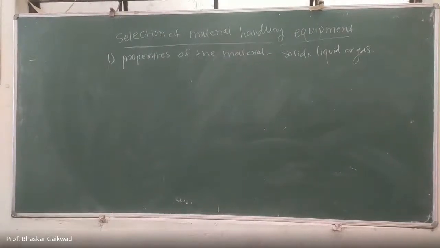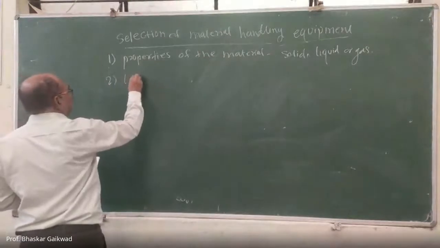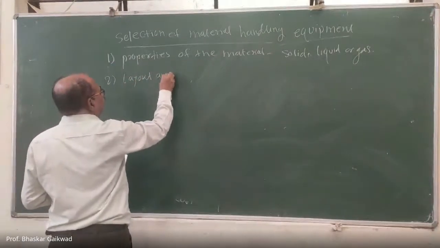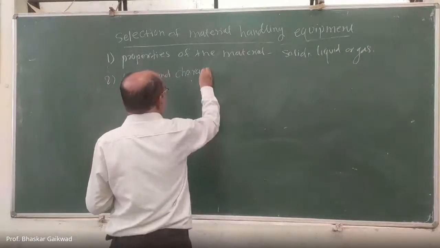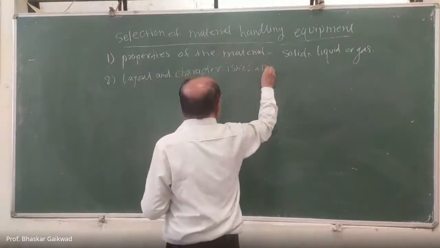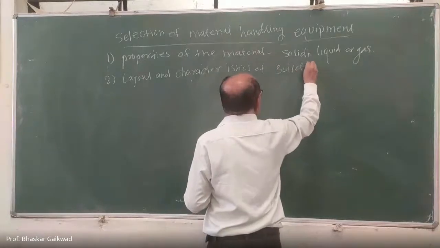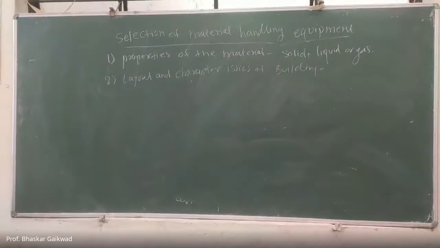After that, second, the layout and characteristic of the building, the type of building in the manufacturing unit.